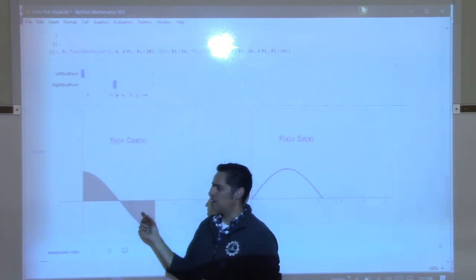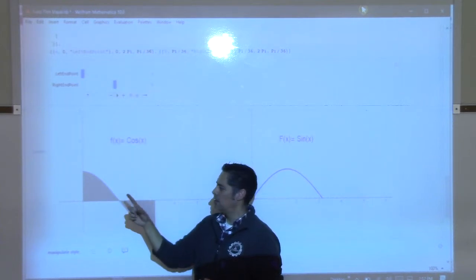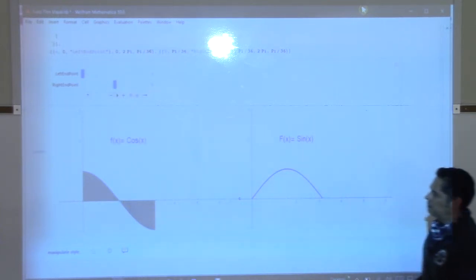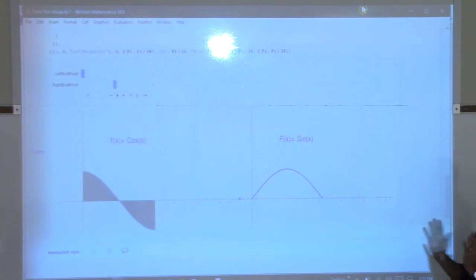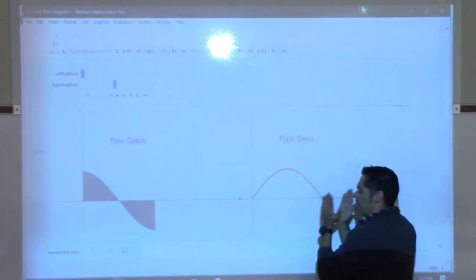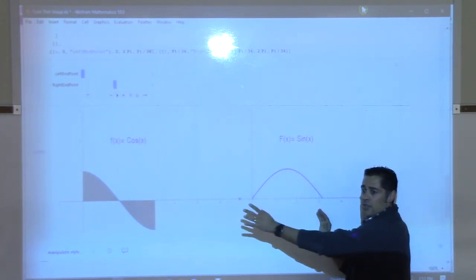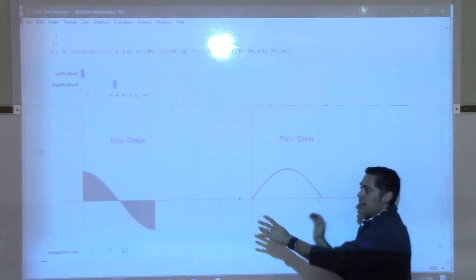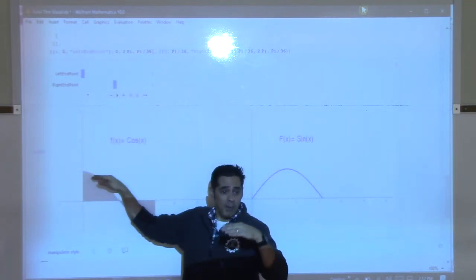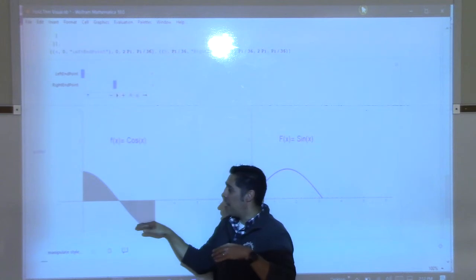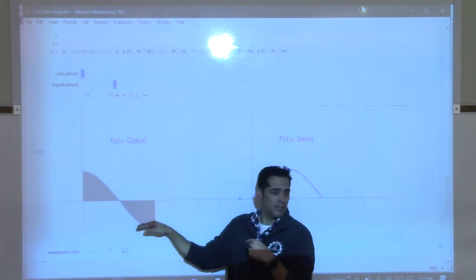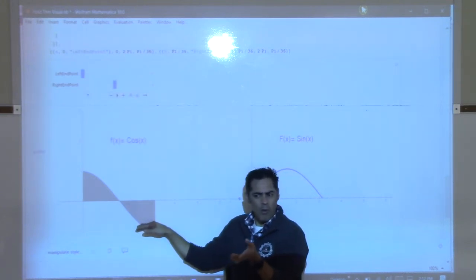So what's going on here? Like on the sine x, do you split it in half and then you count it up? We could, but my question is, the fundamental theorem of calculus is telling us that the area underneath that curve is 0. Right. And that means that it's counting stuff above the x-axis as positive and below the x-axis as negative. That's what this means, right? And the question is why?